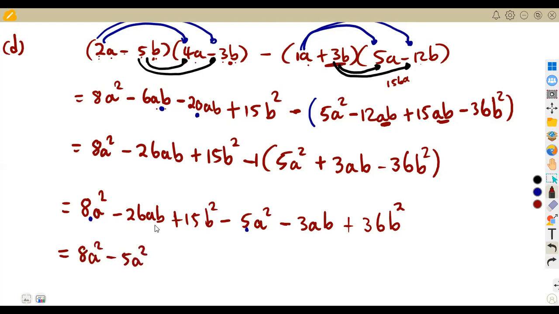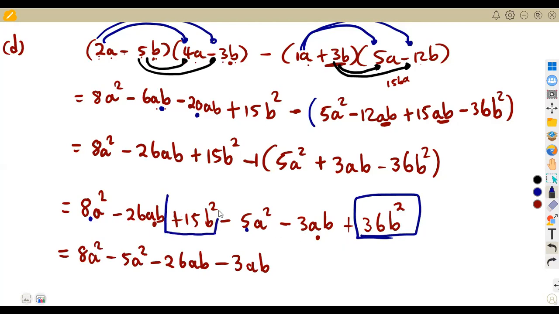We have the part of ab and this part of ab, so we have minus 26ab minus 3ab, like this. Then this part is just a single term, we do not have any like term. Here we have 15b squared, so there is a like term there. So that is going to be plus 15b squared plus 36b squared, like that.